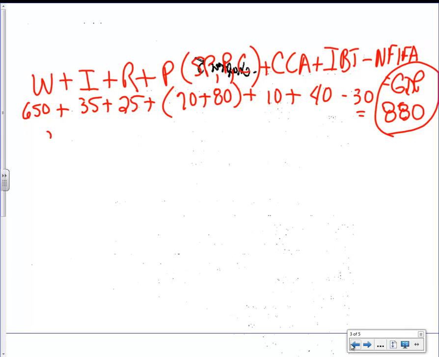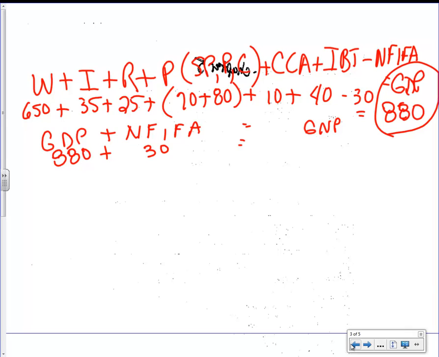Now we're going to take gross domestic product, add back the net factor income from abroad, and that will give us gross national product. So 880, add back the 30 from net factor income from abroad, and we'll end up with 910 as gross national product.